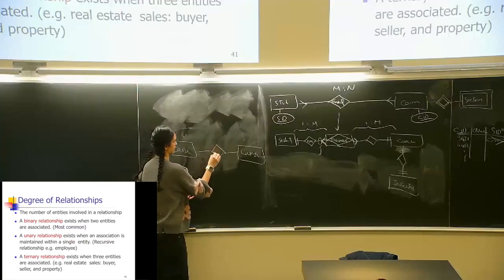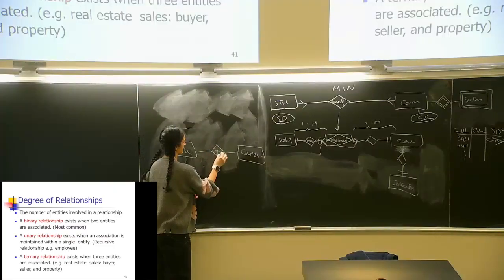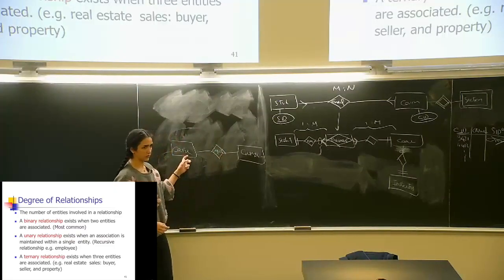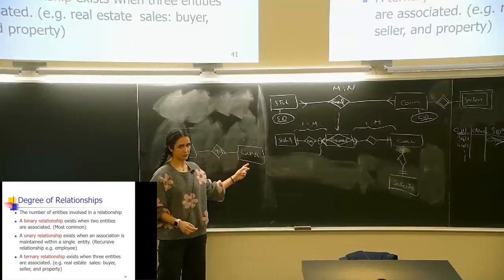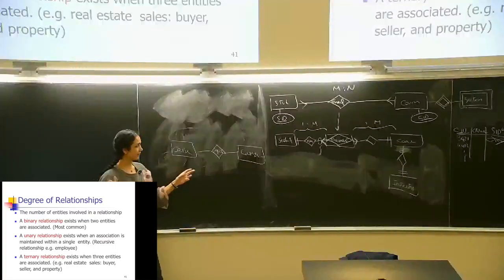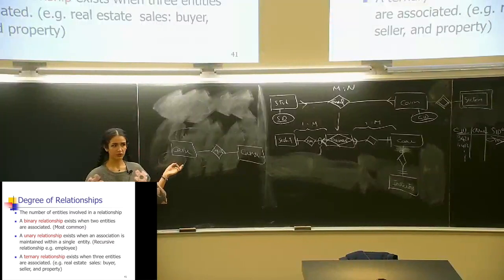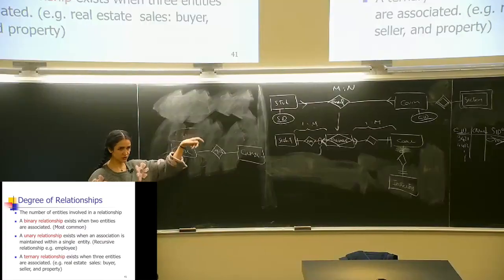One course can be a prerequisite for some other courses, but then we have the same entity twice. How can we show it? Come on, a unary relationship, right? This has a relationship with itself.